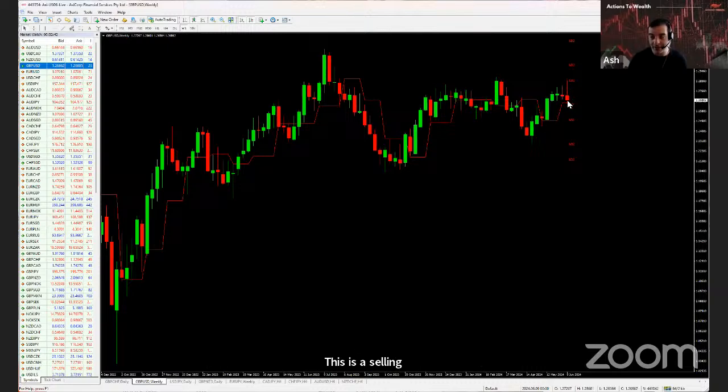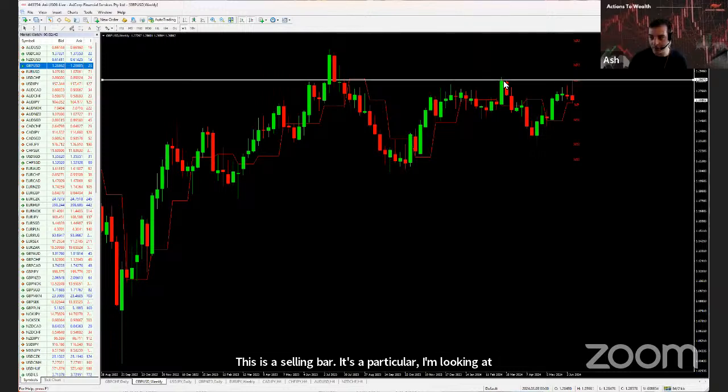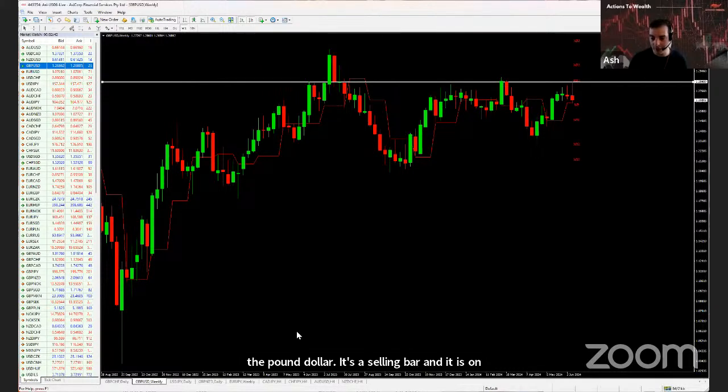I'm looking at the pound dollar. It's a selling bar and it is on resistance. So that in itself looks like a positive sign for some downside. So we may well see some downside coming out of the pound dollar.